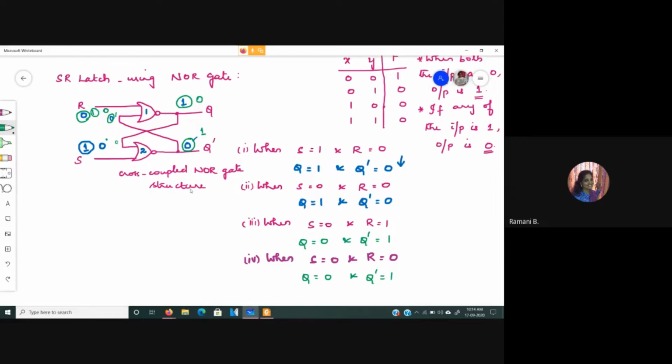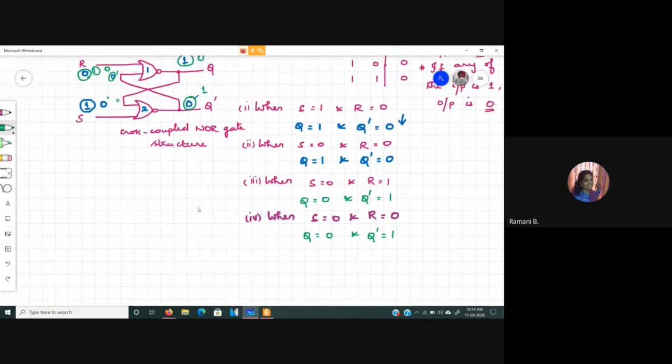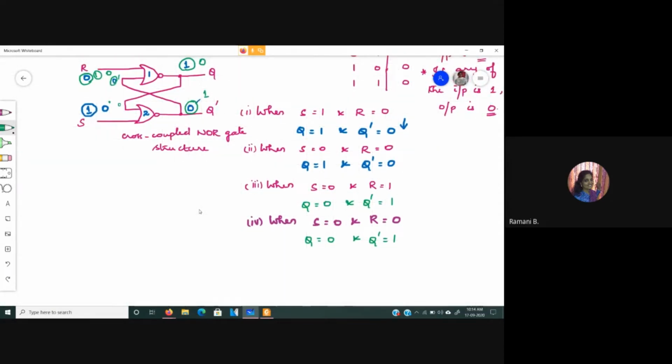Now, as a fifth case, let us consider when both S is equal to 1 and R is equal to 1. So when S and R are equal to 1, what happens? We know if any one of the inputs is 1, the output is going to be 0.